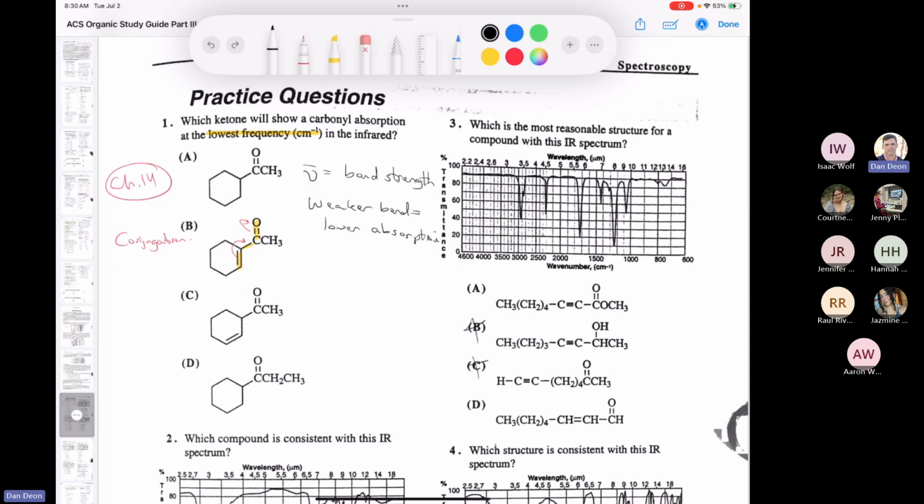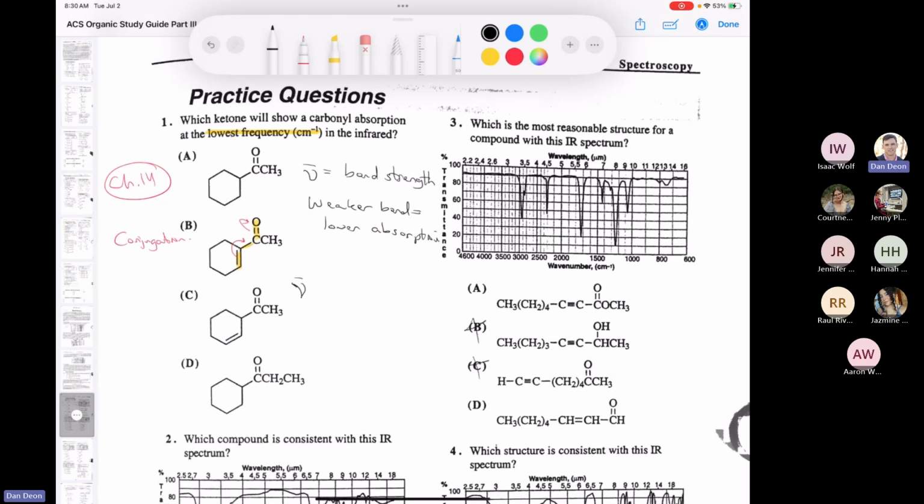The way you can think about it is wave number is proportional to bond strength, and it's inversely proportional to reduced mass. So if you need to review wave number and where it comes from, I suggest doing that.